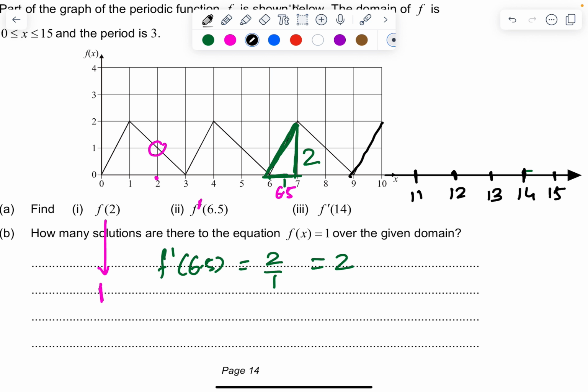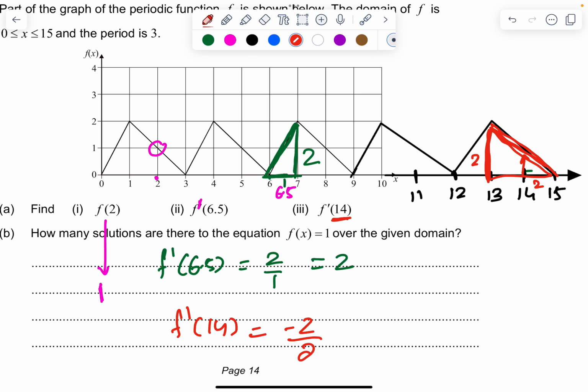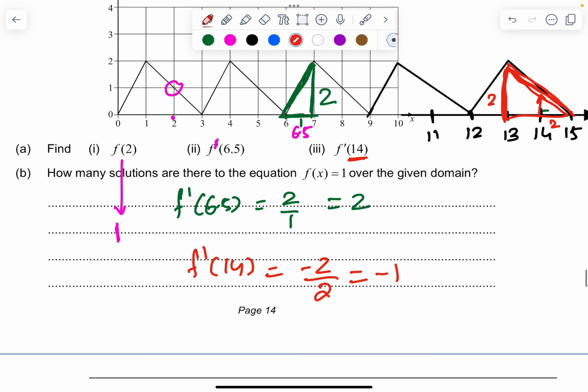It's going to be up to 10 and it comes up to 12, then again up to 13 and comes up to 15. Now I want f prime of 14. 14 comes over here. So the gradient of this line, this one was 2 and this one was also 2. So f prime of 14 will be negative 2 divided by 2, which is negative 1.